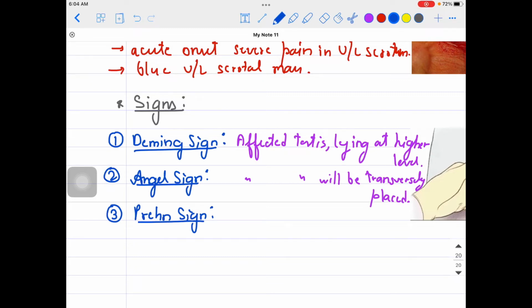If the pain is increasing by lifting the affected testis, the Praying sign will be negative. By doing this you are eliciting the Praying sign. If the patient is relieved by lifting up the testis, then the Praying sign will be positive. In testicular torsion, the Praying sign will be negative.